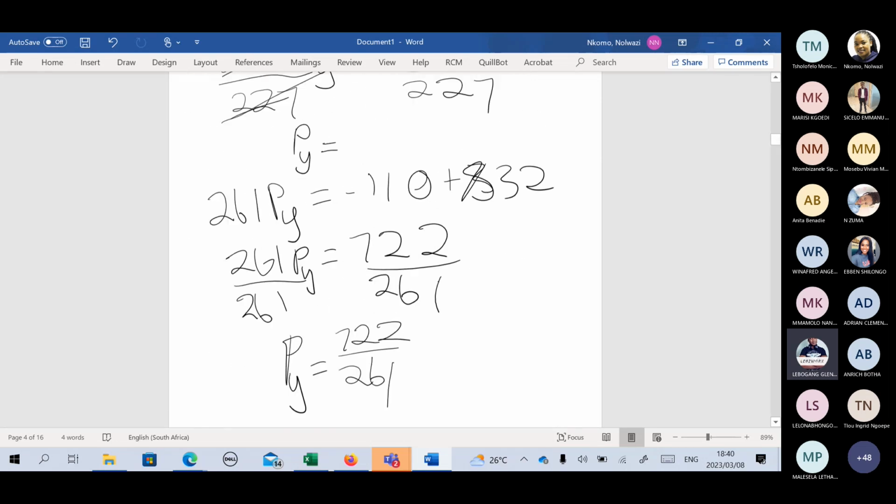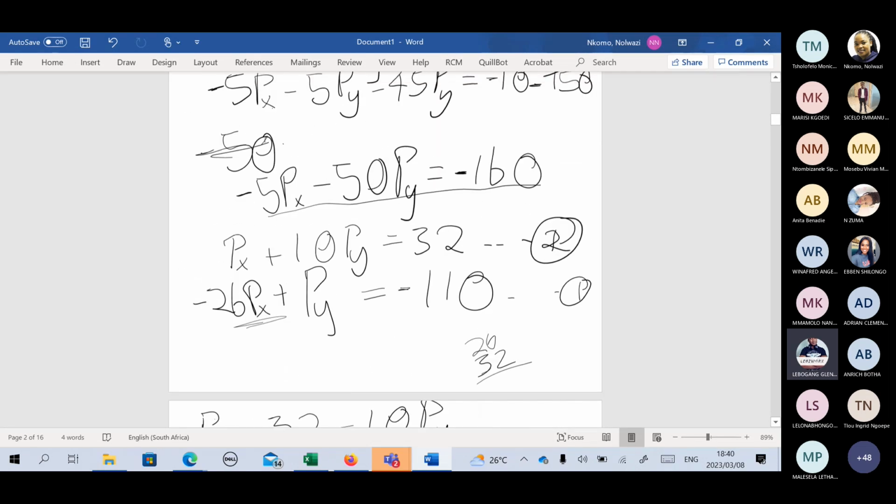The one of minus 5PX minus 50PY equals minus 160. Would it still work out without having to simplify it further? Yes, you'll still get the correct answer. Okay, thank you.